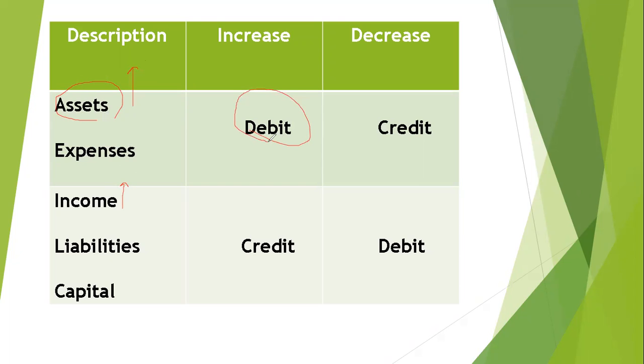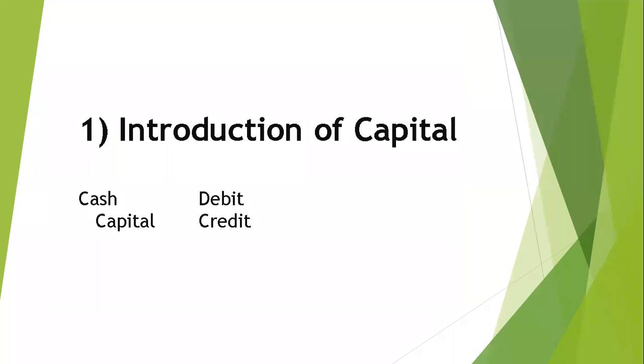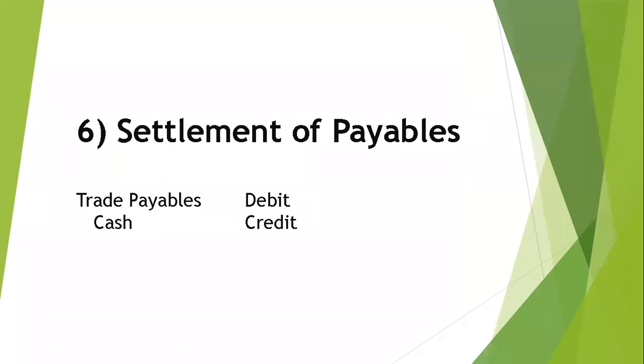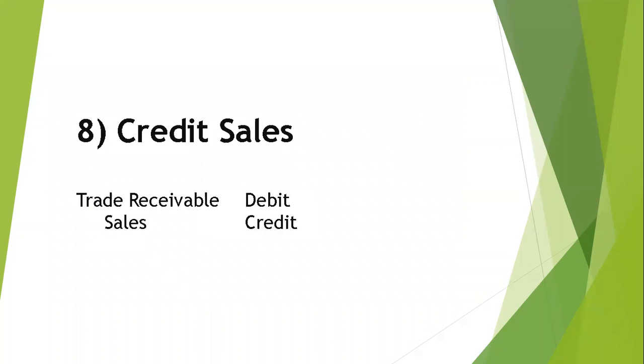So we are going to debit trade receivable. At the same time, we are going to credit the sales account because there's an increase in the sales account. So be clear with it. We debit trade receivable, an asset, and we credit the sales account, which is an income.